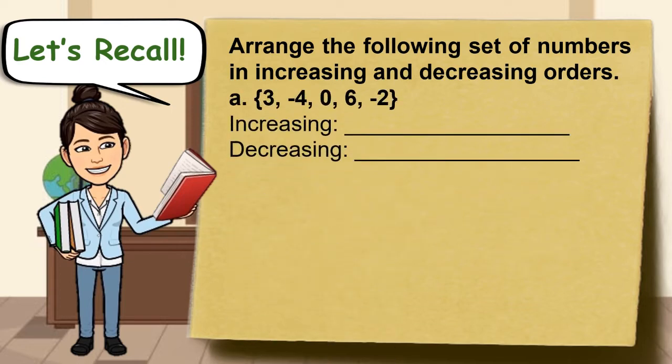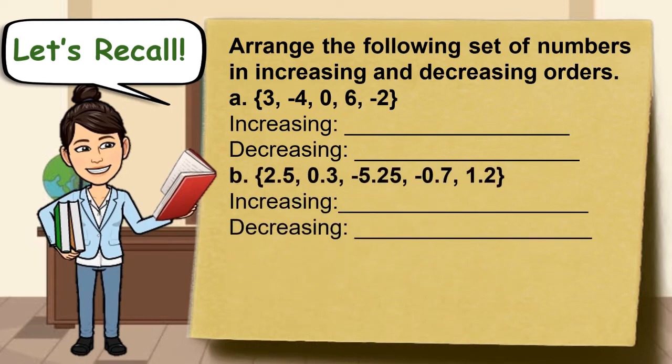Letter A, we have 3, -4, 0, 6, and -2. For letter B, we have 2.5, 0.3, -5.25, -0.7, and 1.2.